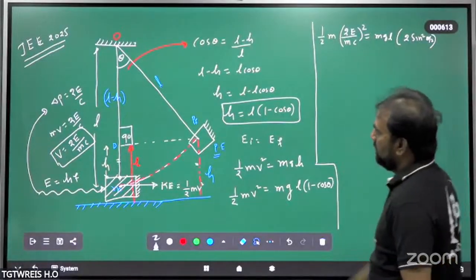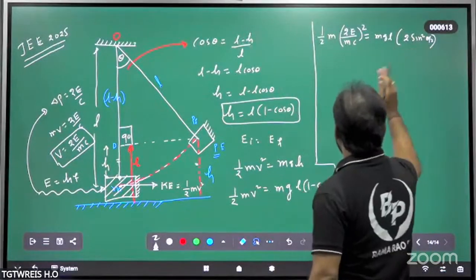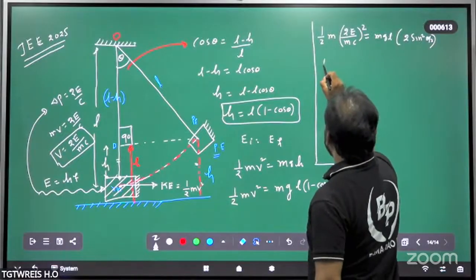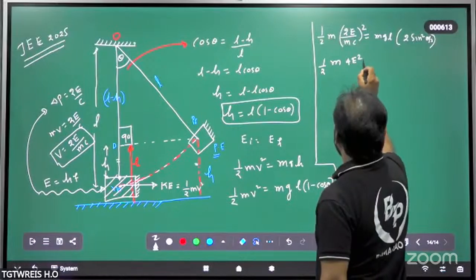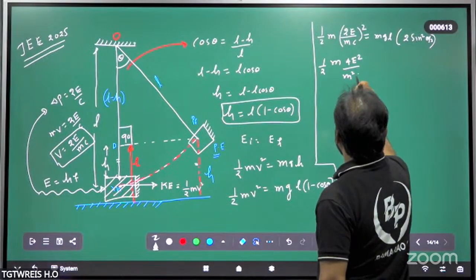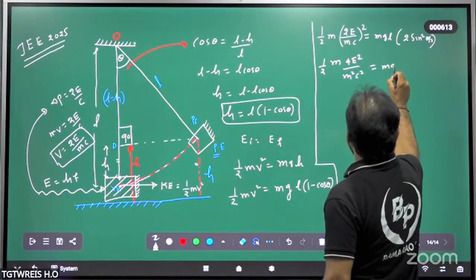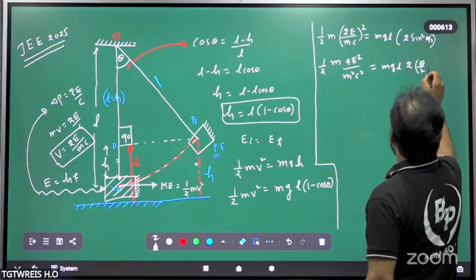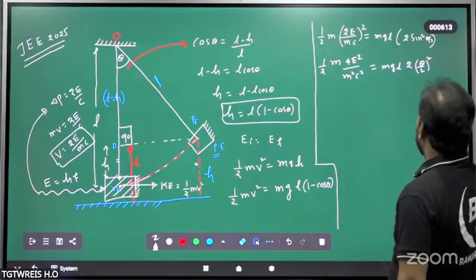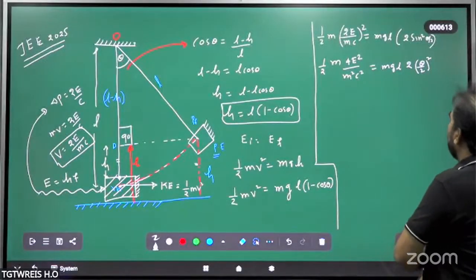Is it clear? For small angles, sin theta is approximately equal to theta. So this gives half of m into 4E square upon m square c square is equal to mgl into 2 into theta by 2 whole square. Theta is very small, so sin theta by 2 is approximately theta by 2.